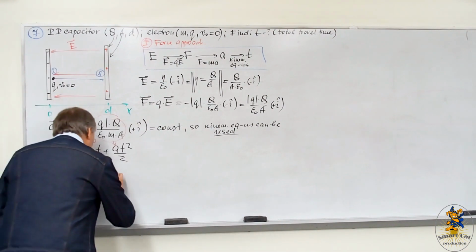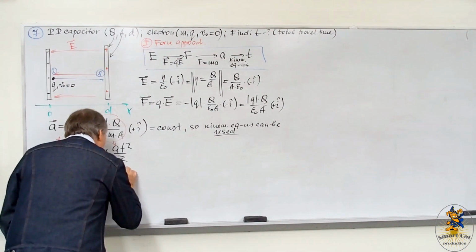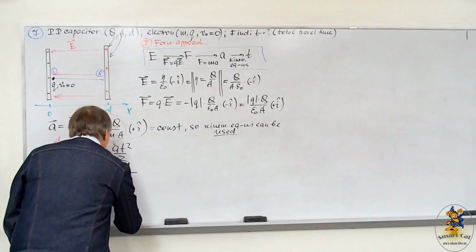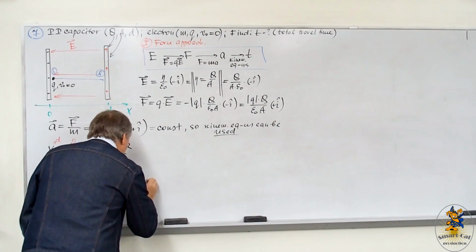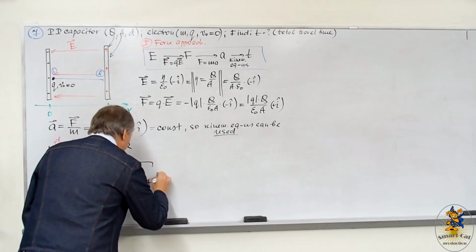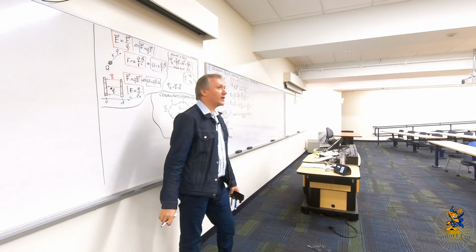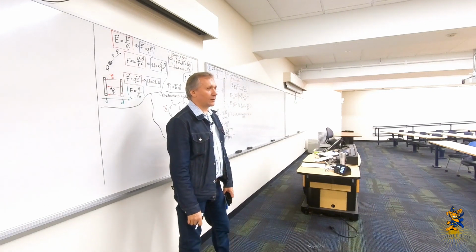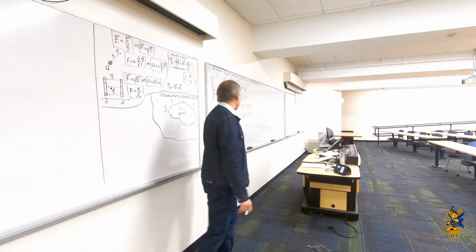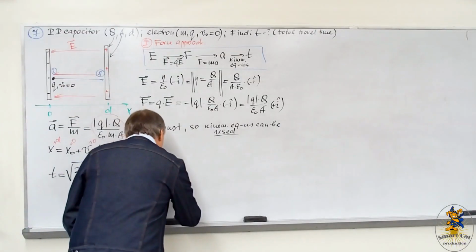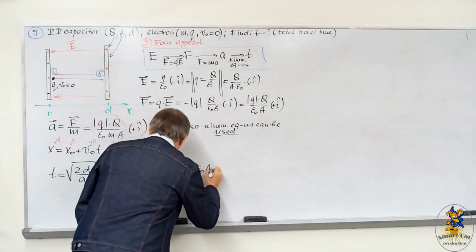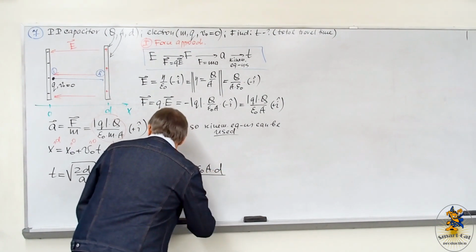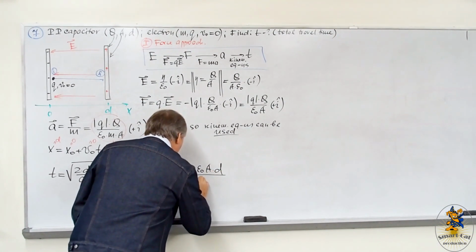So it will be square root of 2d divided by u over m epsilon naught a. And now let me just make it look nice, because right now it's going to look ugly. Not wrong, but not pleasant. So 2m epsilon naught a d divided by the product of charges.